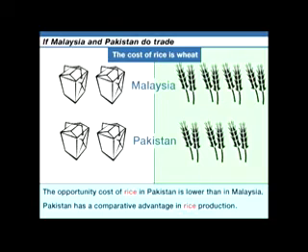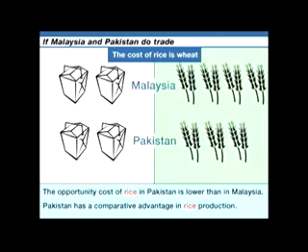That is, the opportunity cost of rice in Pakistan is lower than it is in Malaysia. Therefore, we know, by definition, Pakistan has a comparative advantage in the production of rice because it can produce rice at a lower opportunity cost than can Malaysia. These are the numbers that are in the production possibility frontier equation. Malaysia's slope is -2, that is 2 bushels of wheat for every bushel of rice.